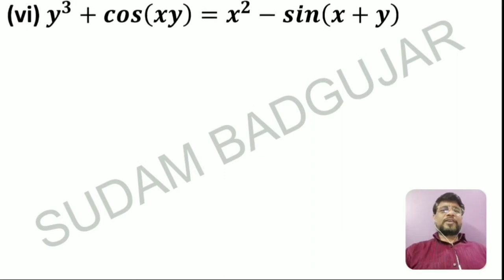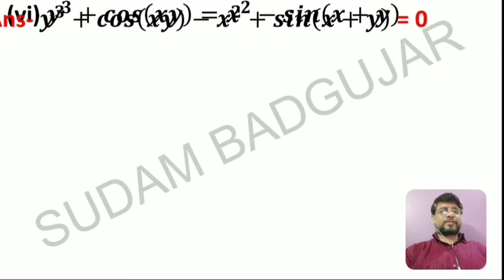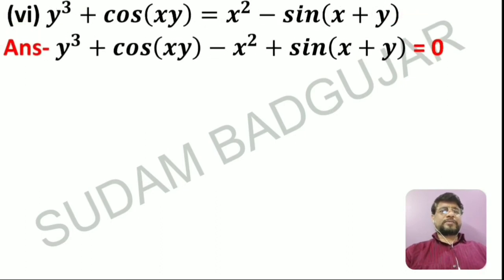Now next one is y cube. Find dy by dx if the function is y cube plus cos of xy is equal to x square minus sin of x plus y. That RHS term transfer on LHS, it becomes negative. Here x square is negative and minus minus sin of x plus y becomes positive.